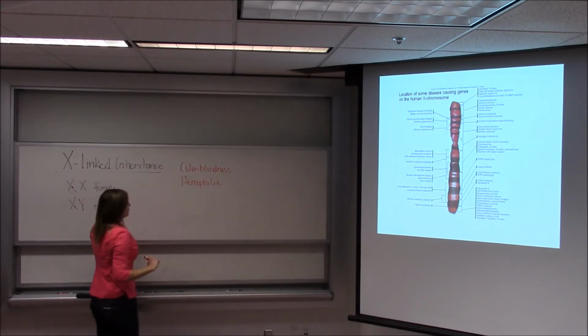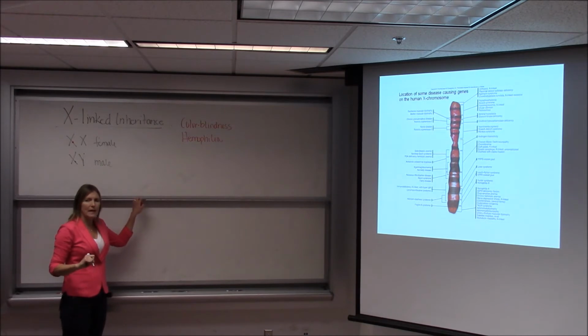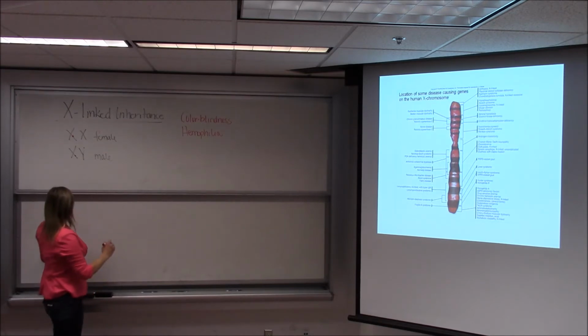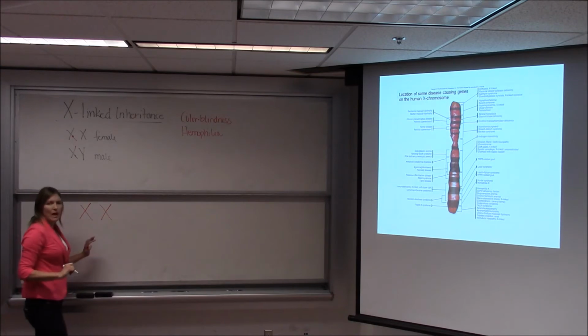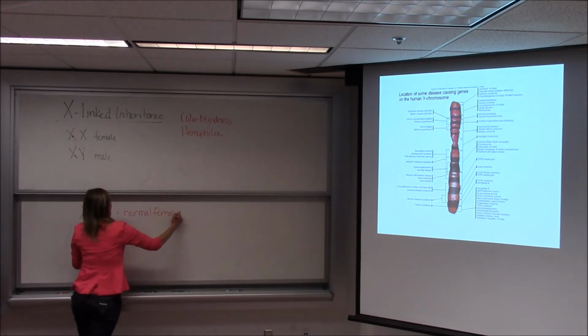And in order to indicate a normal X versus an X with a defective gene, we'll use color blindness as our example. And here are our possible alleles. So two normal X's, we're going to call this a normal female. She does not have the disease allele on either of her chromosomes.